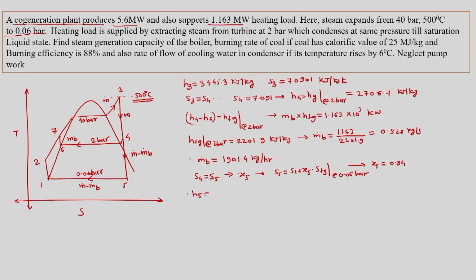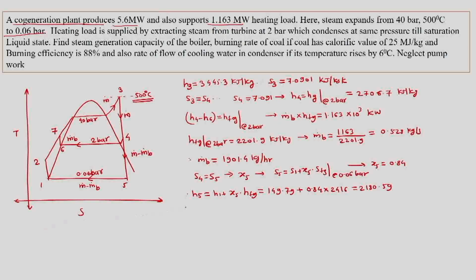So we can get H5 equal to H1 plus X5 into HFG, which is 149.79, that is H1, plus 0.84 into HFG, which is 2416, and that gives us 2180.59. So this is H5.